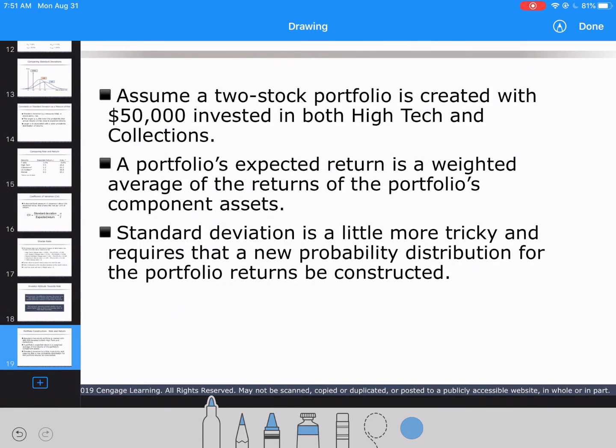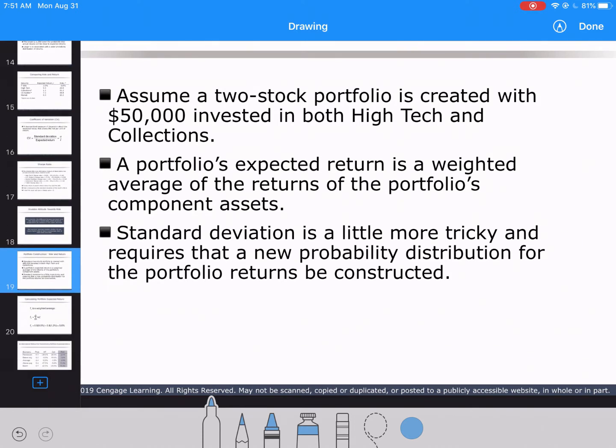So now, these are the ways we used to do risk analysis previously, and we said let us devise something better. And in order to devise something better, we will do a two stock portfolio.